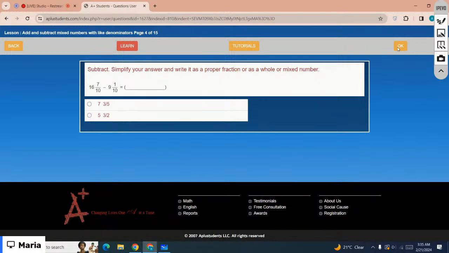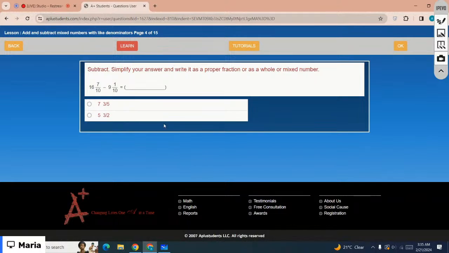Which is the correct option? Sorry, 16 whole 7 over 10 it is. Yes, option number 1 is the correct option.